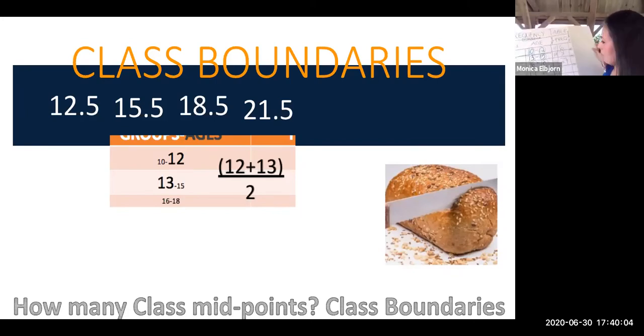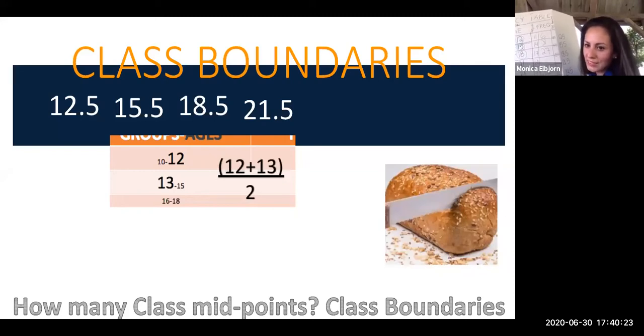We have a lot of space over here. 18.5, 15.5, 12.5, 21.5. Are you getting the same?